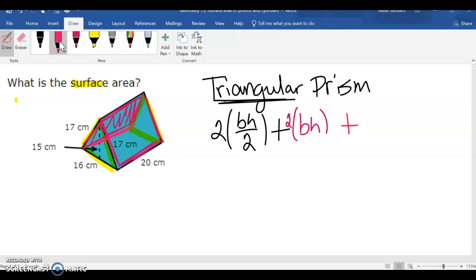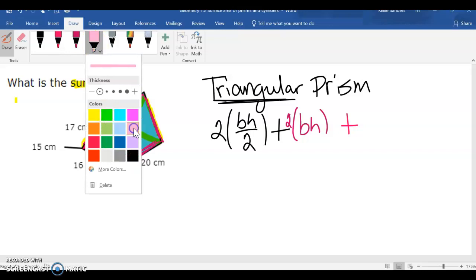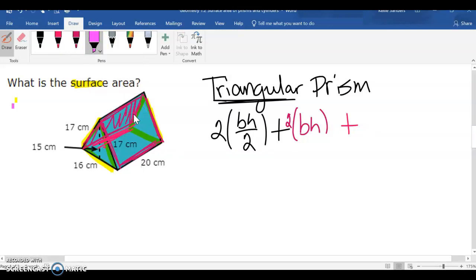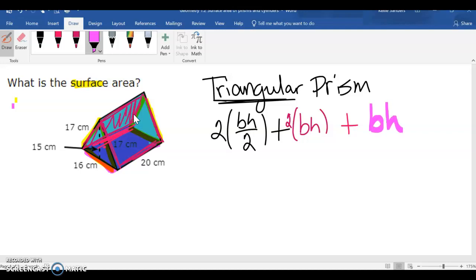Then we have the base, which is this rectangle right here, and that's base times height of it. So a triangular prism has two triangles and three rectangles. So this is how we're going to be able to find it.